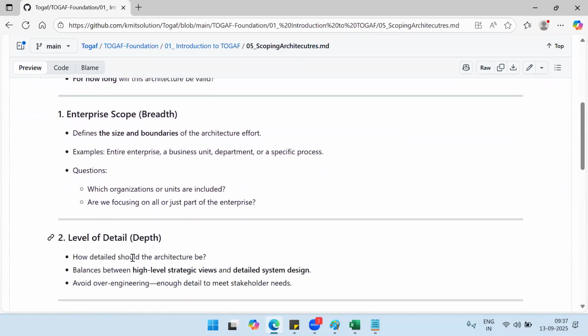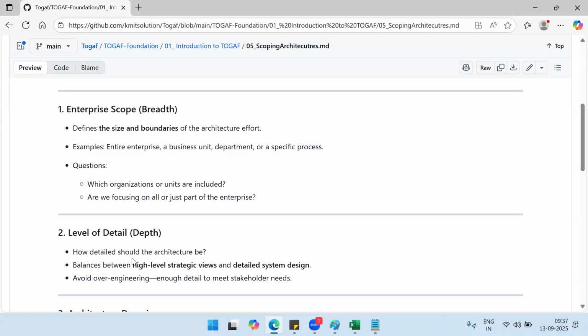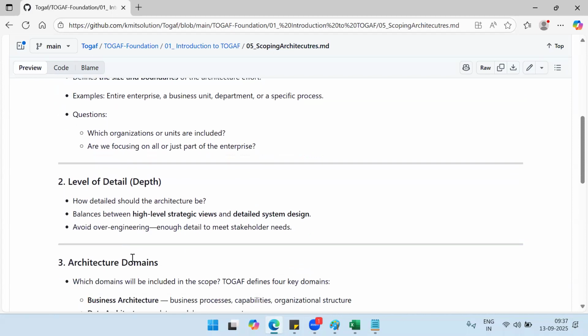As I mentioned, enterprise scope is the size and the boundaries of the architecture effort. Examples: entire enterprise, business unit, department, process. Questions: which organization units are included?